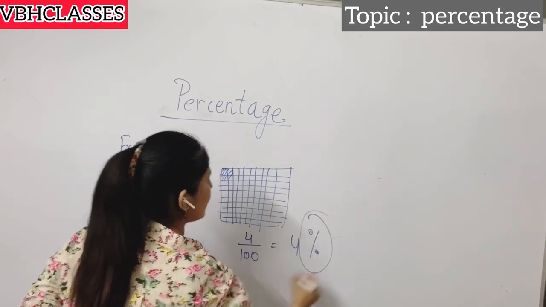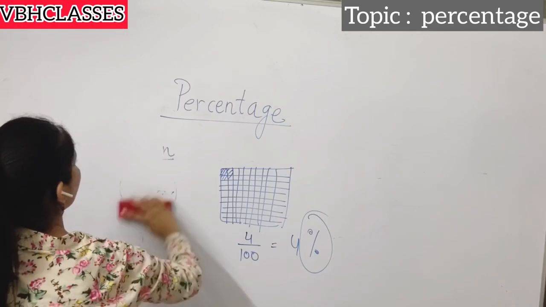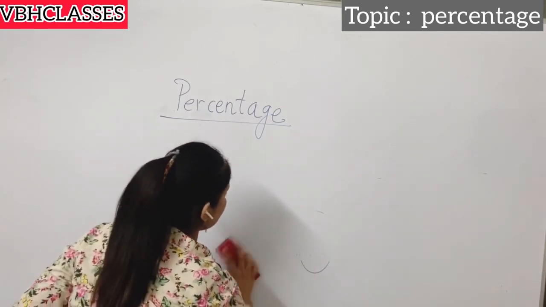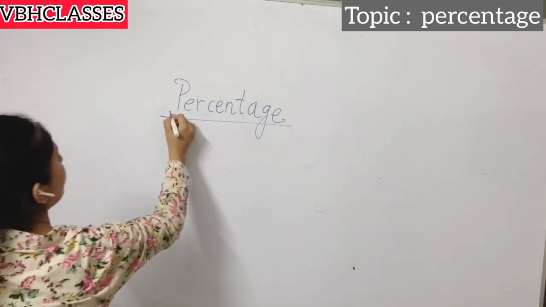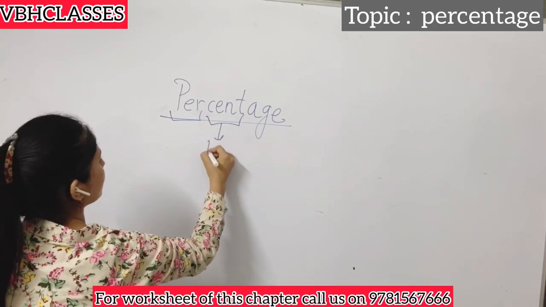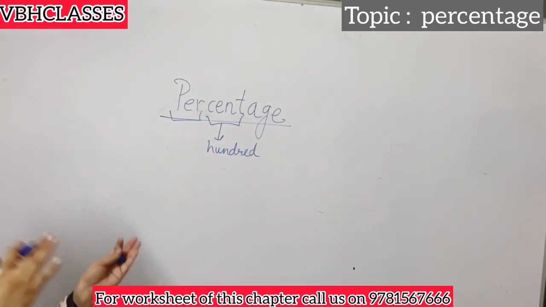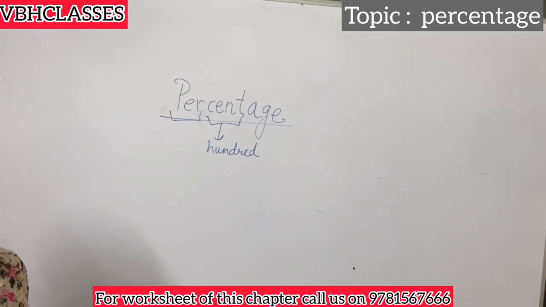So this sign is called percent. Okay. Now let's understand the meaning of percent. Here, per means 1, cent means 100, right? So per 100, how many per 100?